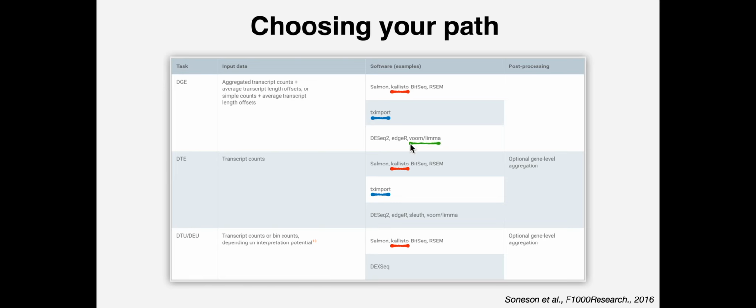All right, and then today we'll be touching on voom and limma, the combo function from the limma package in general, for carrying out differential gene expression analysis. We will then, at the end of the lecture, touch on how to use DEXSeq and a whole lot of other tools wrapped up inside one R package to carry out differential transcript usage.